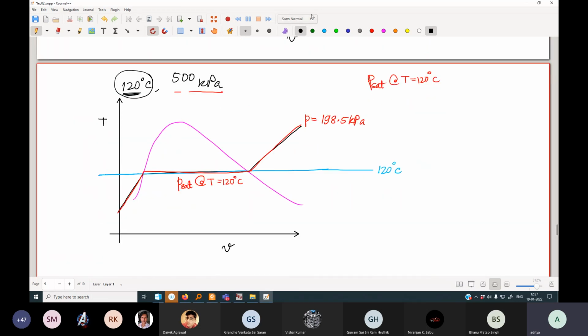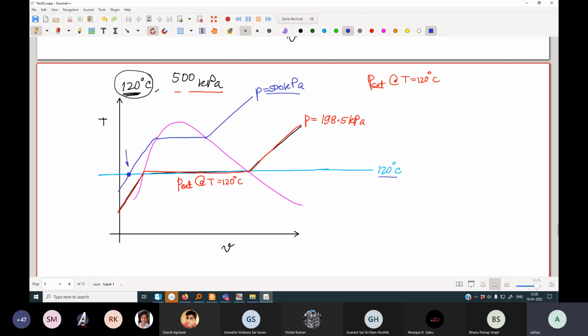So 500 kilopascal will be somewhere way above this, maybe not that far above. So schematically speaking, this will be the 500 kilopascal isobar. The intersection of the horizontal line at 120 degrees Celsius and the isobar of 500 kilopascal is going to be somewhere over here.